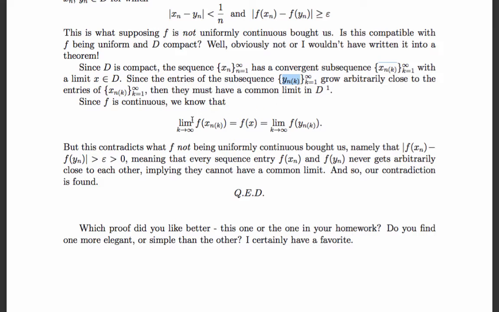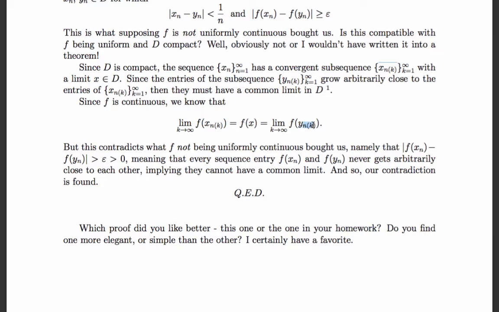Okay. So then the limit as k goes to infinity of f of x n of k and f of y n of k have the same limit, f of x, because f is continuous. Right? When f is continuous, if x n of k converges to x, f of x n of k converges to f of x.